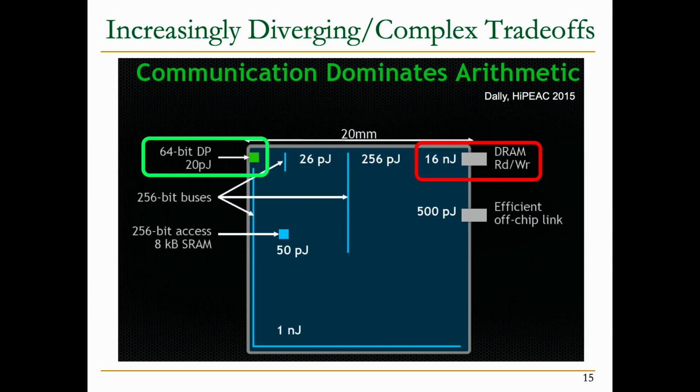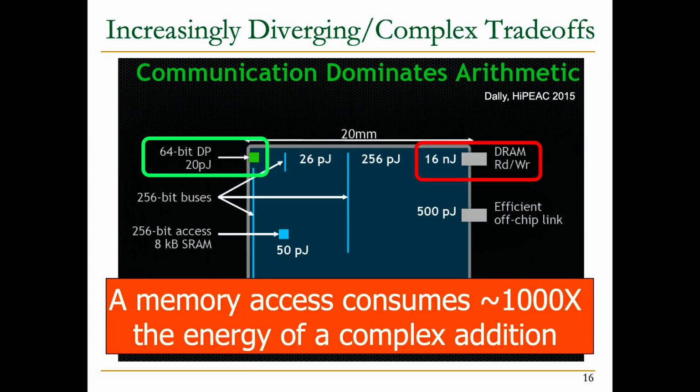So imagine if you want to do a simple or complex add operation. You need to read the operand from the memory, the second operand, and then do the add operation at the processor side, and then write it back to the memory. So you're doing three read and write operations. Let's say a single read operation is 1000x more power hungry than the complex operation itself.